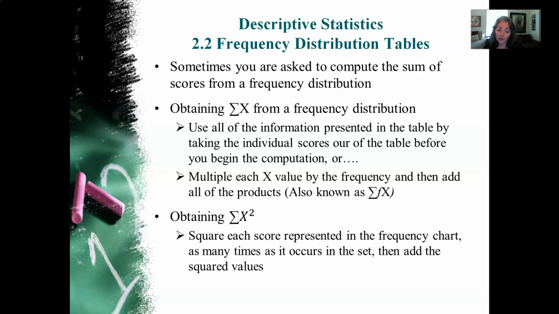And same thing with sum of x squared, right, is first you want to square each score, and then you want to sum them as many times as it occurs, right?